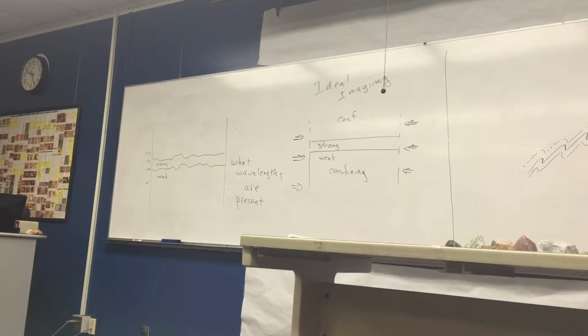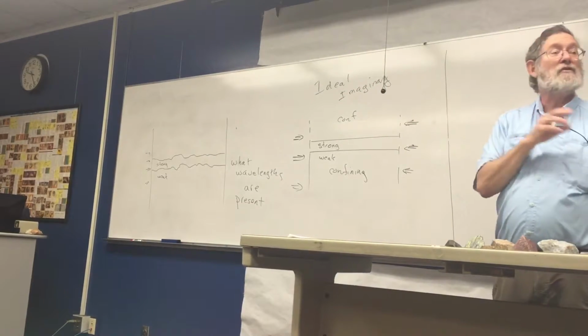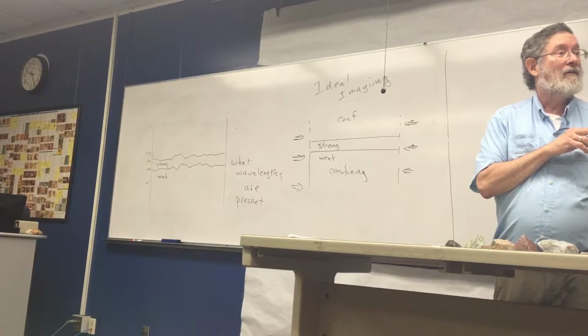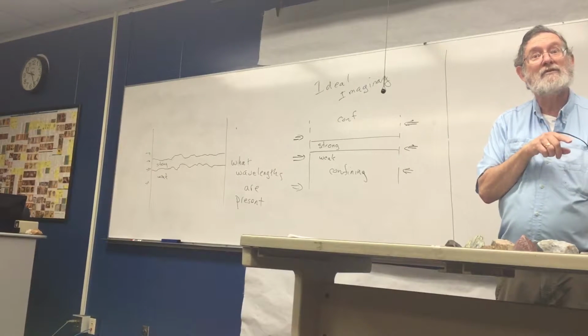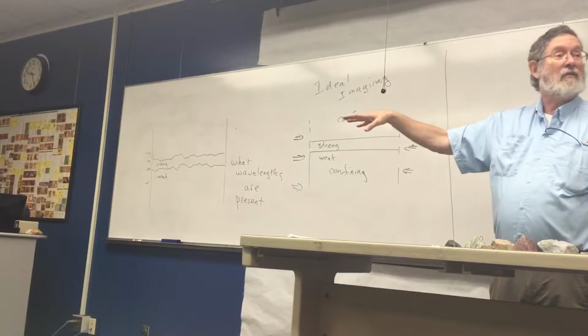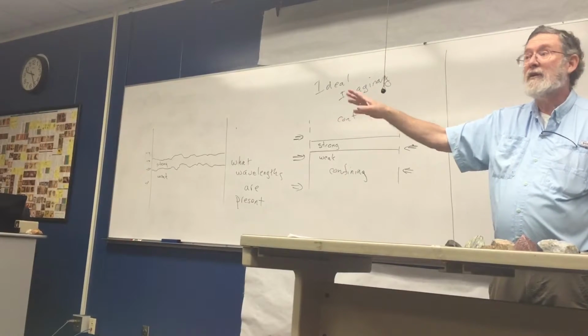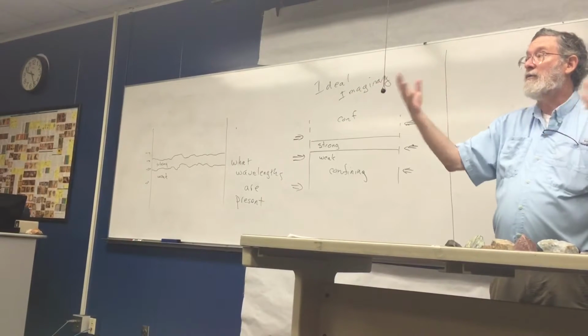So if we go back in class, all the way back to the beginning of class, we were talking about primary depositional features. Now those primary depositional features were originally intended to give us younging direction. Tell us which way's up. And it's always good to know when you're walking down the hallway which way's up.